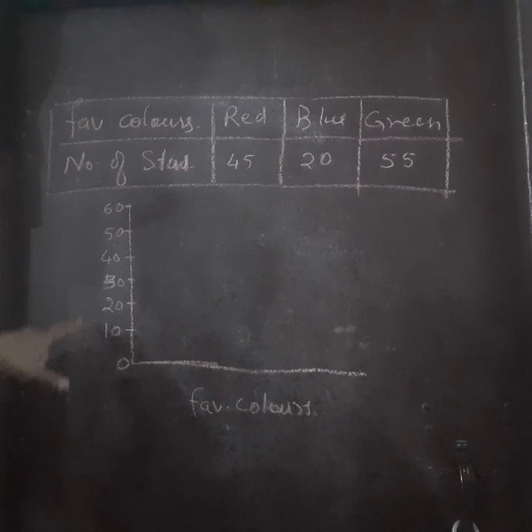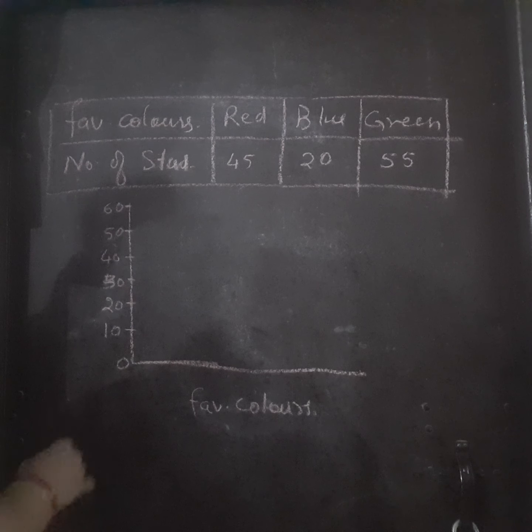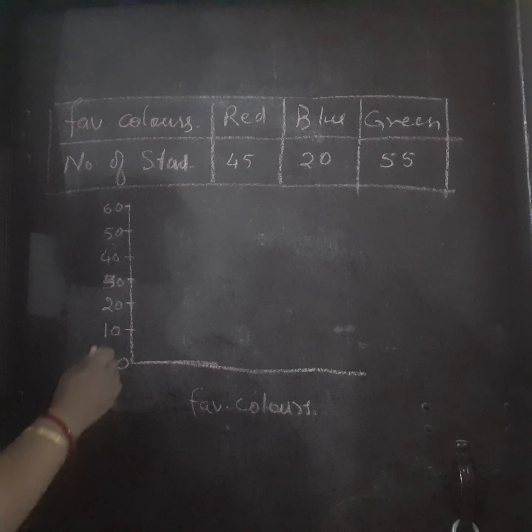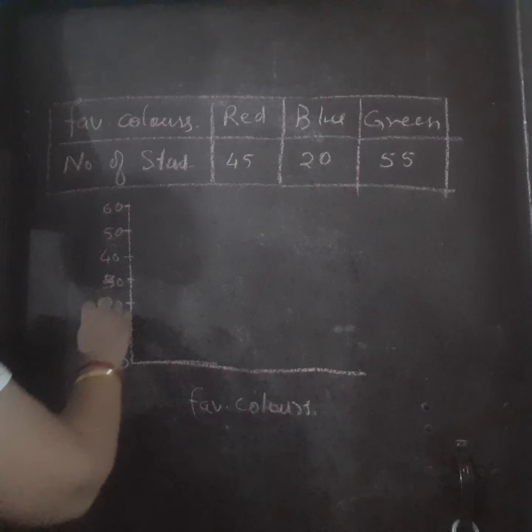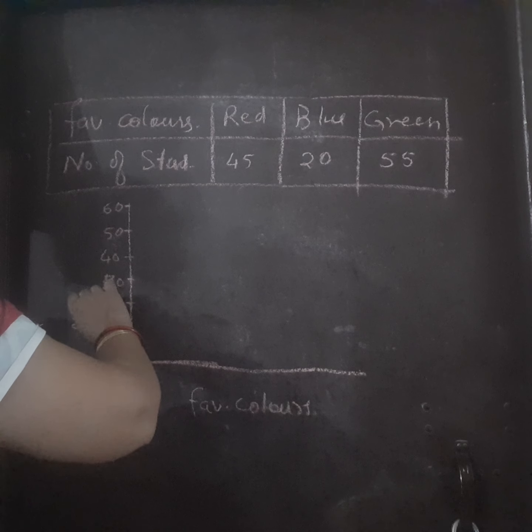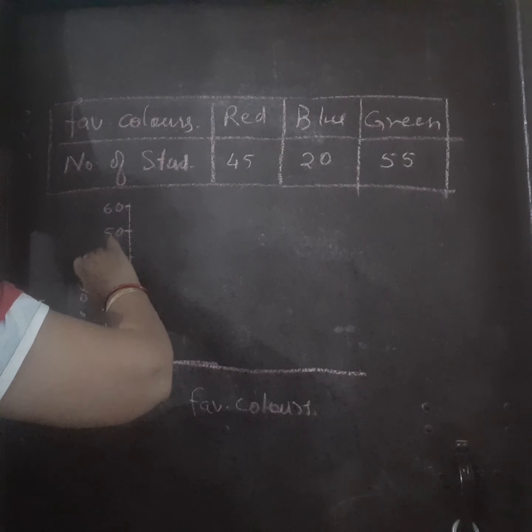So in this way we have divided the number of students with the uniform range. So we can write here as number of students.